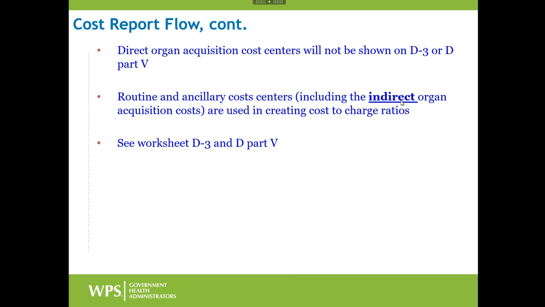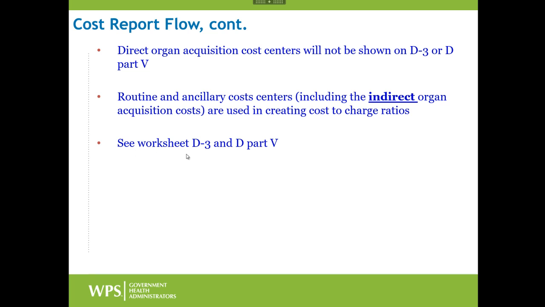Those are used to create the cost to charge ratios, and we'll see why again on D-4, those cost to charge ratios are used for that purpose later on. Not to apportion down to the Medicare only, but actually to apportion between total routine and ancillary services and organ acquisition only related routine and ancillary services. Again, we'll see that later on.